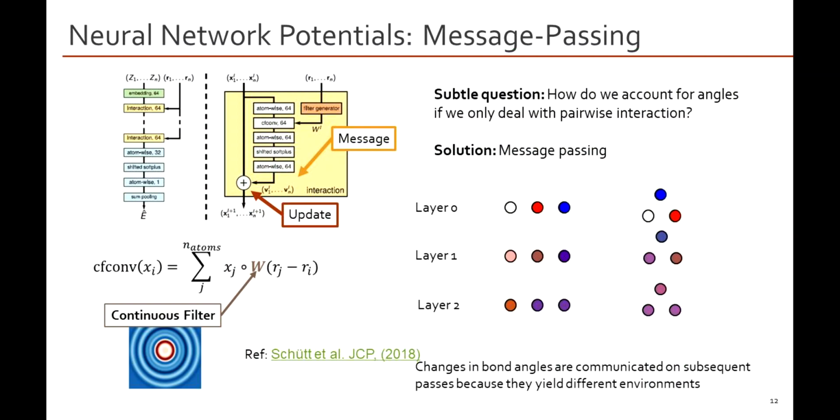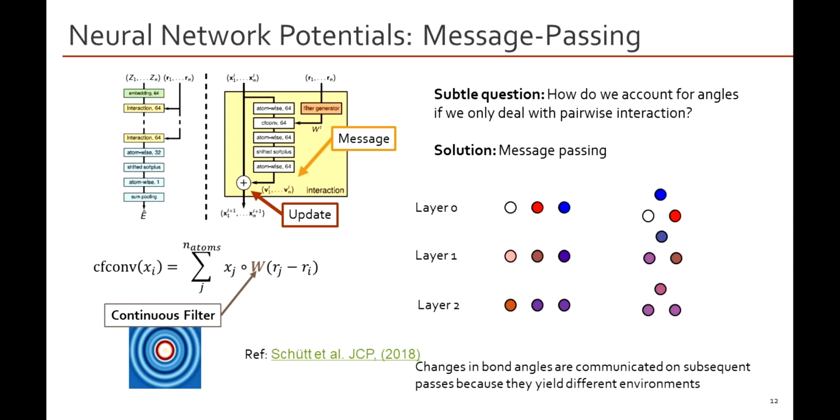If I look at this cartoon of 2 different systems of 3 atoms, where I have a central red atom with 2 other atoms a fixed distance apart, if I go through one message passing step, I'll notice that my red atom has the same update in features. Same types of atoms at the same distance. But these other 2 atoms are different.